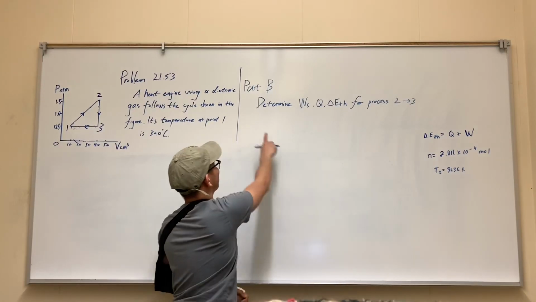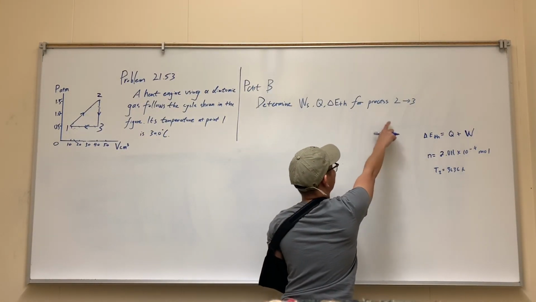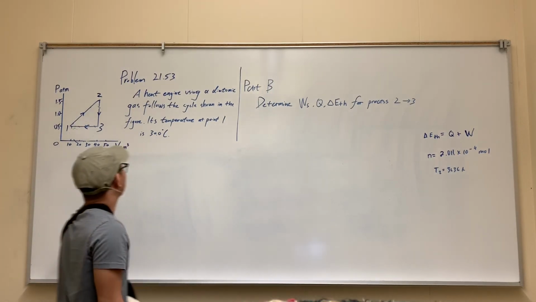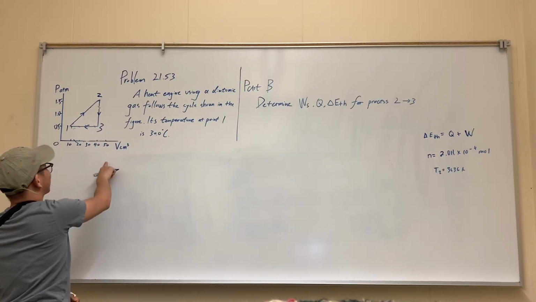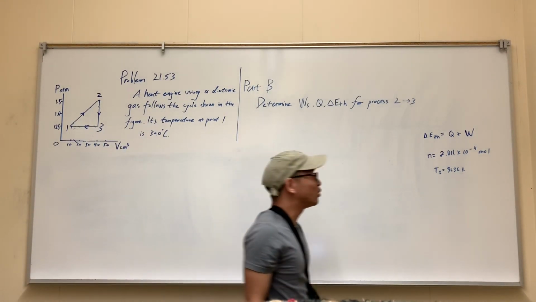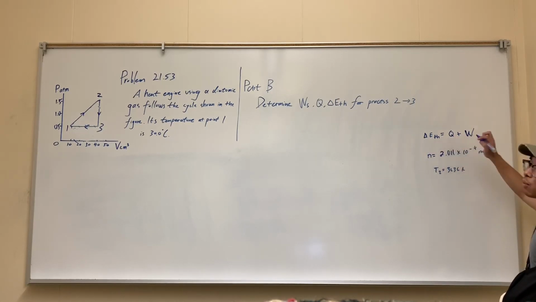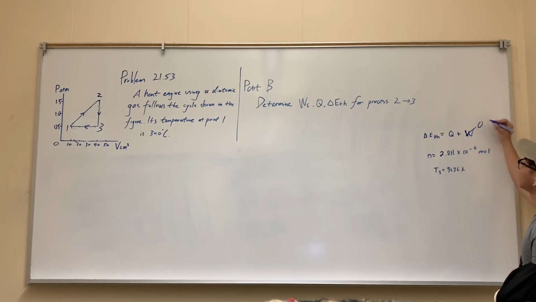Now we're working on part B, and this time we're determining the process for 2 to 3. And we know that 2 to 3 is isochoric since the volume is constant. And since the volume is constant, by the first law of thermodynamics our work would end up being 0.